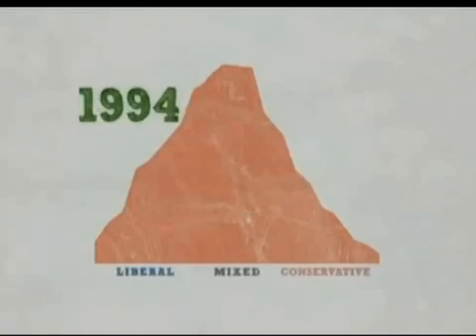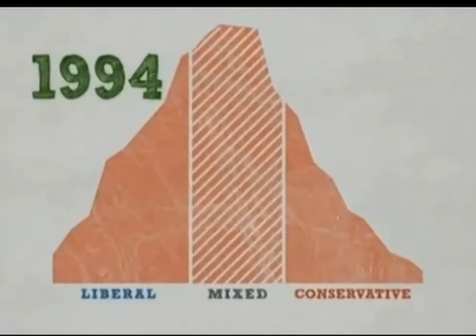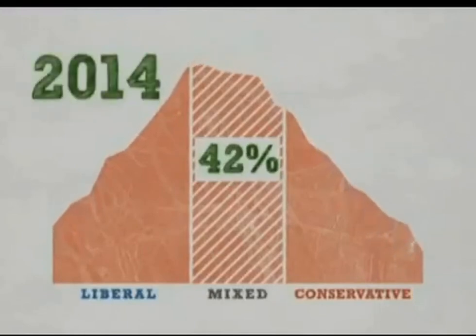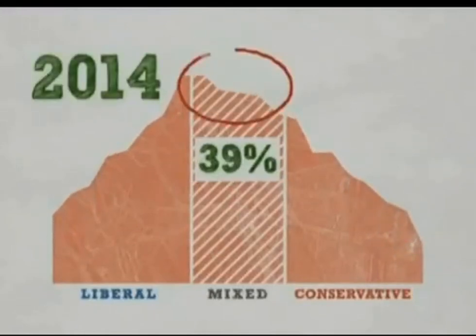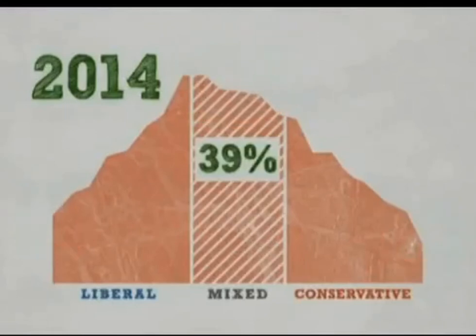It's the distribution of political views. Here, at the highest middle point, we see that 49% of Americans held mixed political views. Now, forward we go to 2014, where that middle of mixed views has shrunk, and the number of steadfast liberals and conservatives has increased. Okay, let's see that change again.